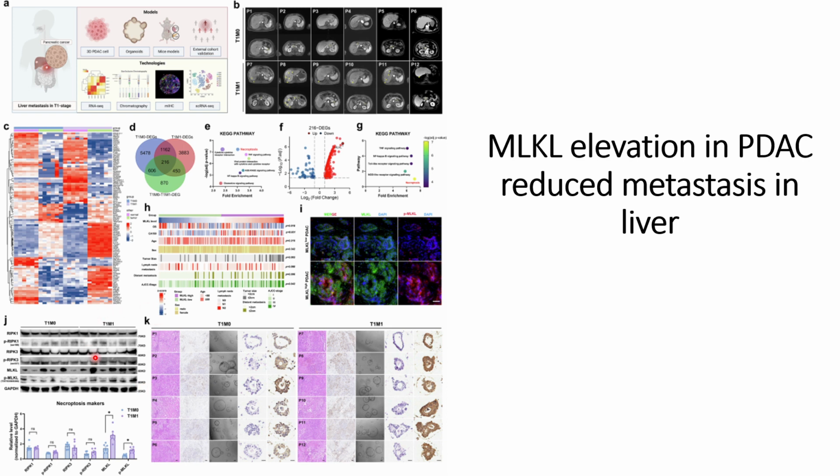So MLKL has some properties to prevent the migration of these T1M1 pancreatic tumors to different parts of the organs, or prevent the metastasis of this pancreatic tumor.